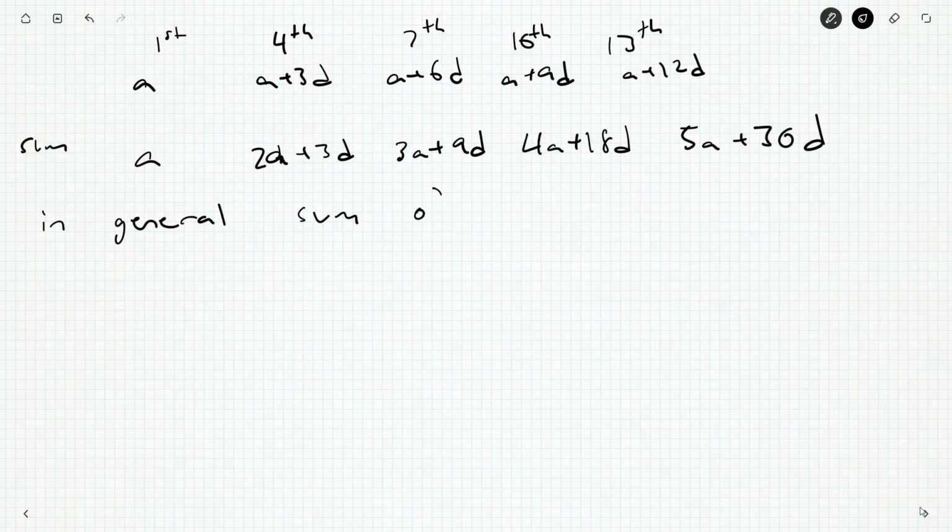So in general, the sum of the first m of the numbers whose remainder is 1 when divided by 3. We won't use k again, I'll use m.